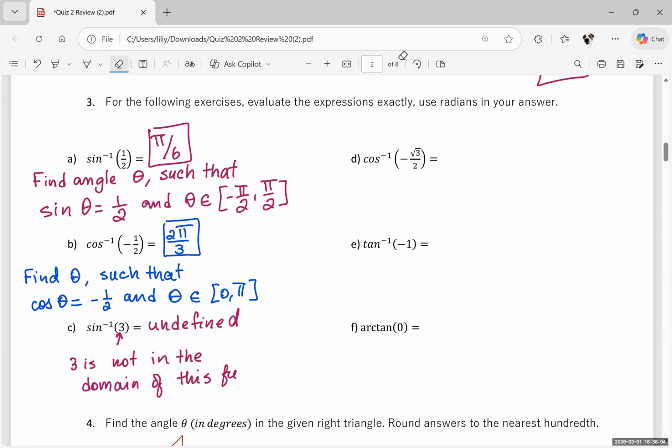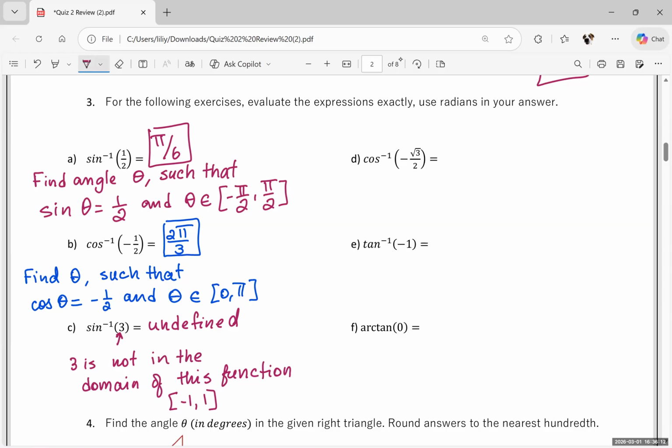So the domain of the inverse sine is from -1 to 1. Since 3 is not in the interval from -1 to 1, and we can't really force it to be in that interval, that value is undefined.